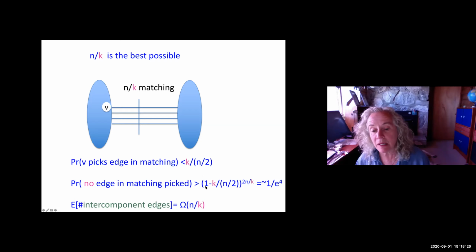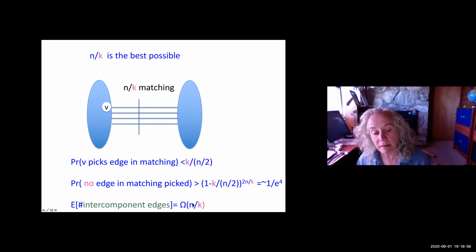And the probability that no edge in the matching is picked is 1 minus that probability, and there are two n over k such nodes that can pick one of the edges in the matching. So this gives us the probability that none of these events happen, which is a constant. So the expected number of intercomponent edges is the number of edges in here times the probability that none of them are picked.